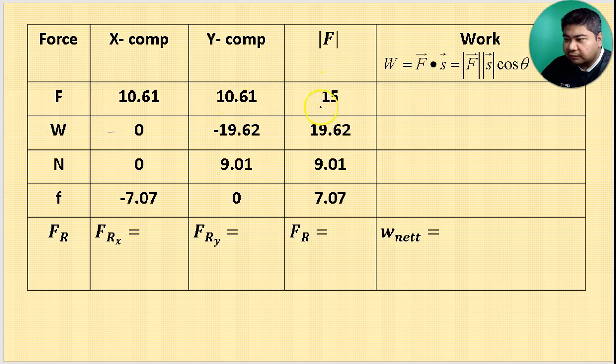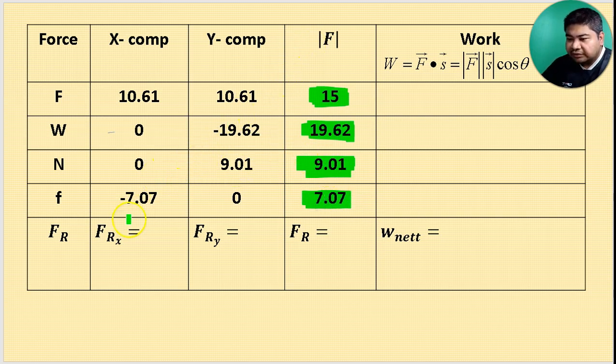So the magnitude of the force is the square root of 10.61 squared plus 10.61 squared, and you get back 15. I hope you understand where I get this value from. The second one is 0 squared plus negative 16.62 squared, and then square root, so you get this value. The same goes for the magnitude of the normal and the magnitude of the friction.